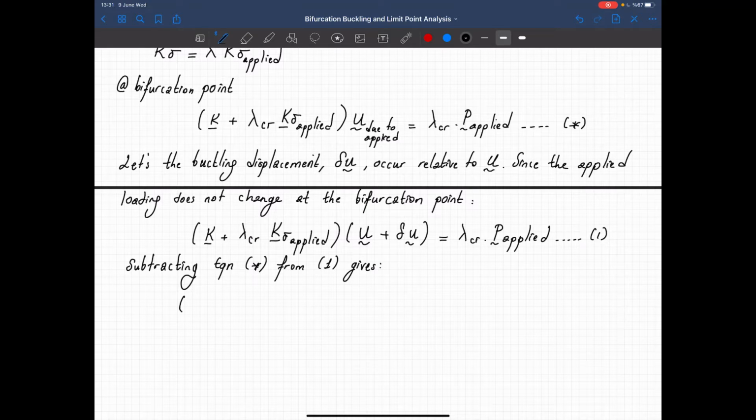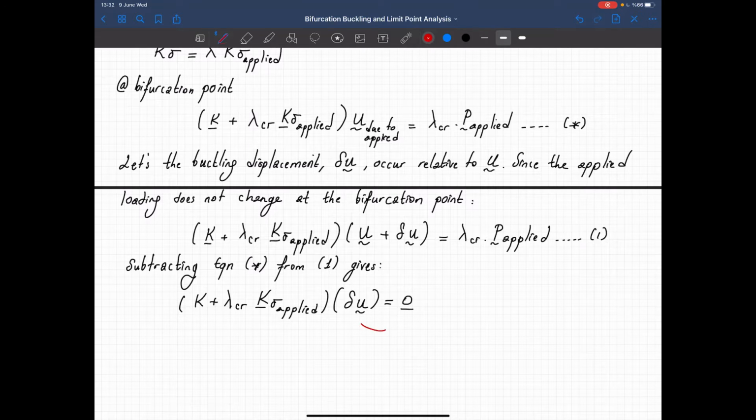I got K plus lambda critical multiplied by the geometric stiffness matrix, multiplied by the buckling displacements, should be equal to 0.